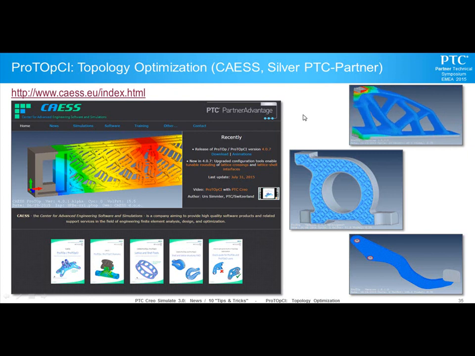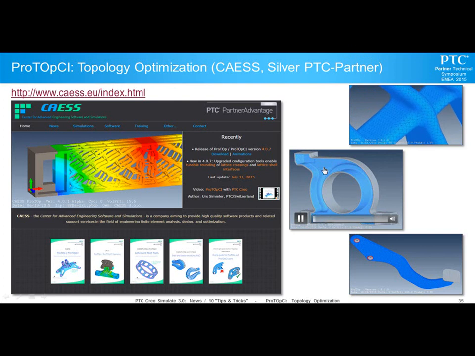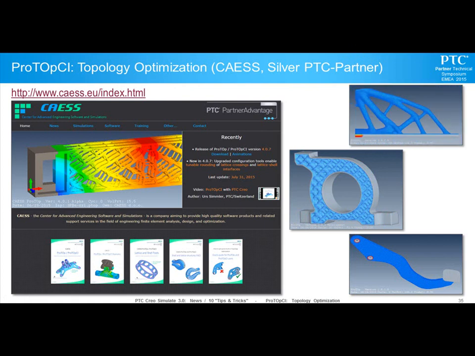We see here an animation of a part which will be optimized. It's loaded here, it's supported here, and ProTOpCI is taking out the material where it's not needed. Even in the time of 3D printing, we have to make sure that we have the right lattices in the right position.